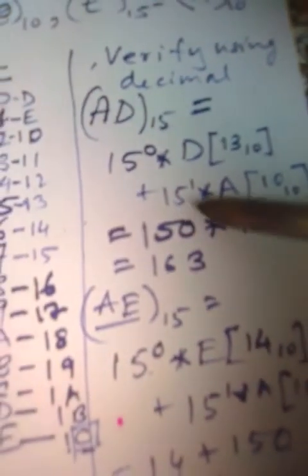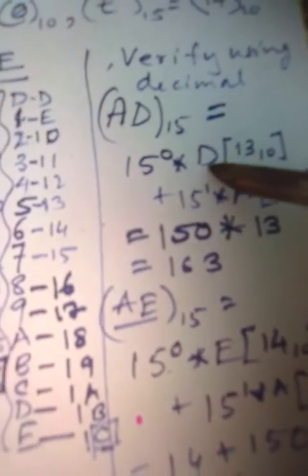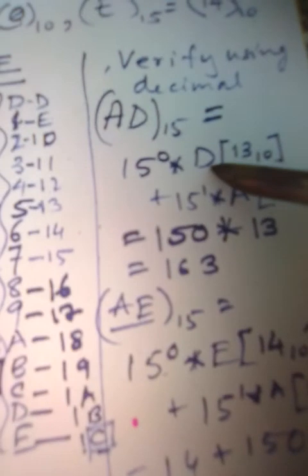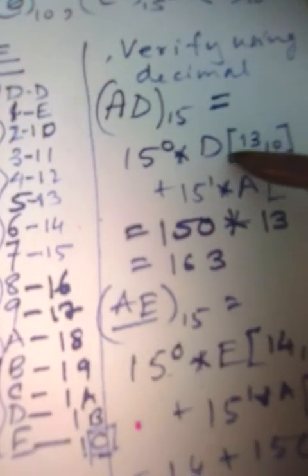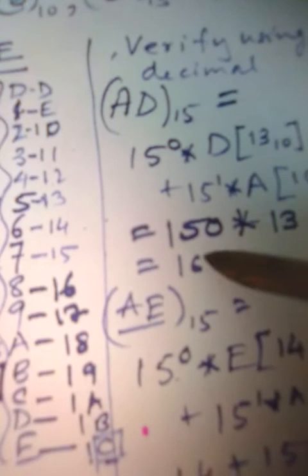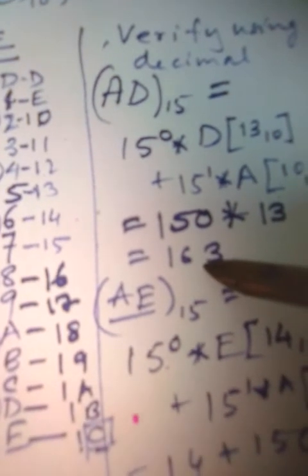So we together have 150, because that's 15 to the power of 1 multiplied by 10, plus 1 multiplied by 13, because 15 to the power of 0 is 1. 13 is the value in decimal, and D is the corresponding value in pentadecimal, as you can imagine. So that's 163.